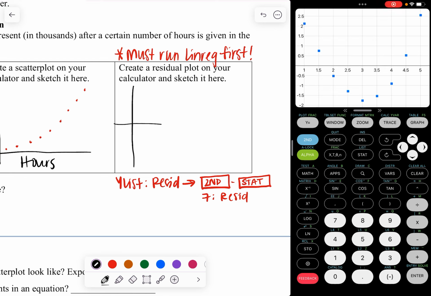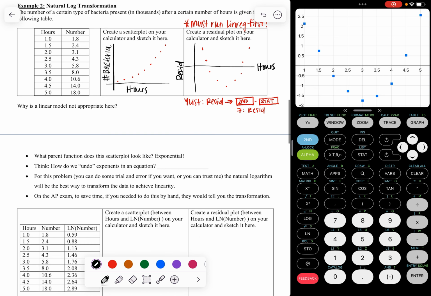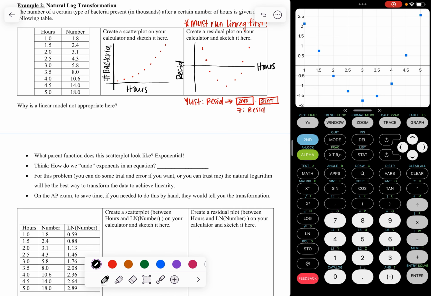Now, one thing about residual plots is in order for them to be a good fit, you want to see no pattern in your residual plot, and you want it to have random scatter. And what I'm looking at with the residuals on the y-axis and the hours on the x-axis, I'm seeing a very clear curvature in the residual plot, which is not good. So I'm going to go ahead and say, why is the linear model not appropriate?